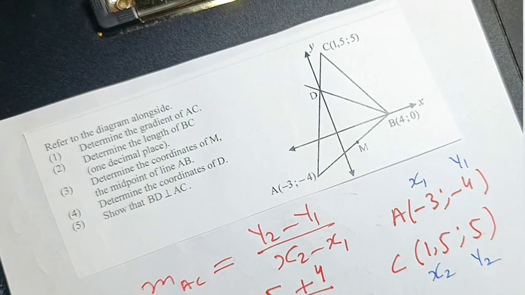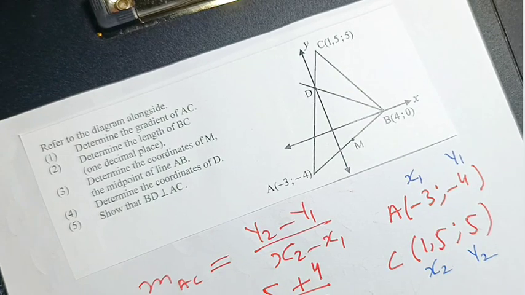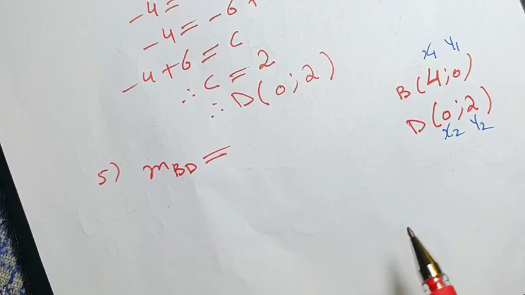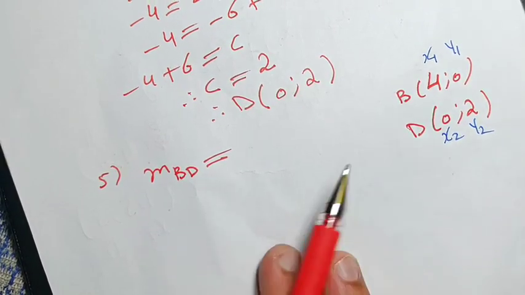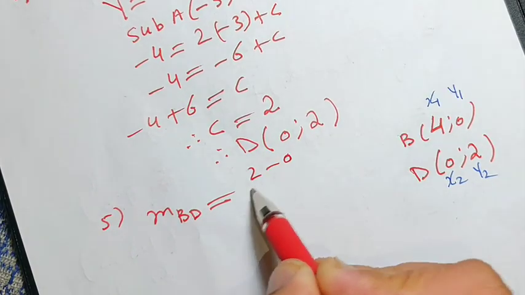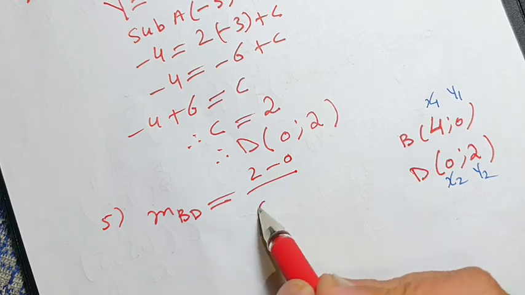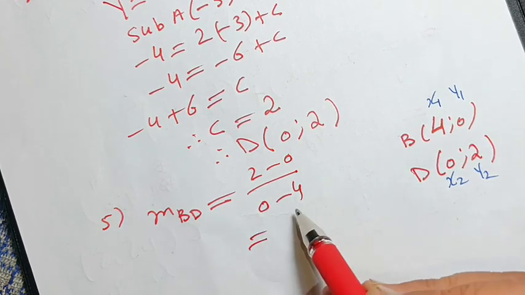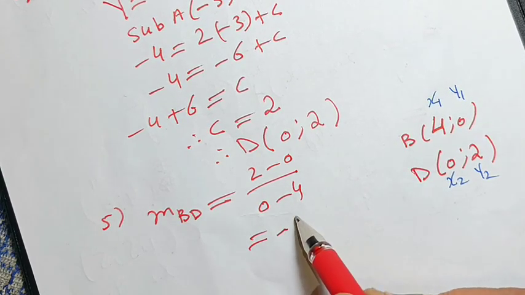The answer must be equal to -1. Then we can say BD is perpendicular to AC. So we need to find the gradient of BD. I have the coordinates of B and D. Now I'm going to plug them into the formula: y2 minus y1, 2 minus 0, over x2 minus x1, 0 minus 4, which is going to be -1 over 2.